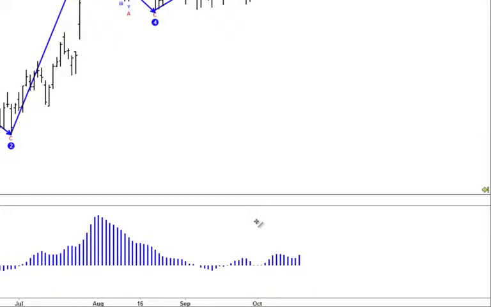However, during that same corresponding period of time, if we focus on the Advanced GET oscillator, you can see that while the price action did in fact make a higher high, it happened on much less energy. The oscillator during the wave 5 is much smaller than the oscillator that occurred during the wave 3 peak. This is a warning sign from the market indicating that a potential change in trend is likely on the horizon.